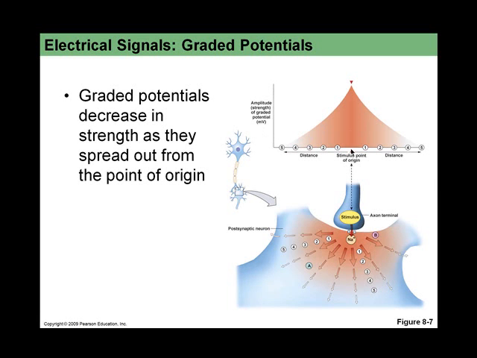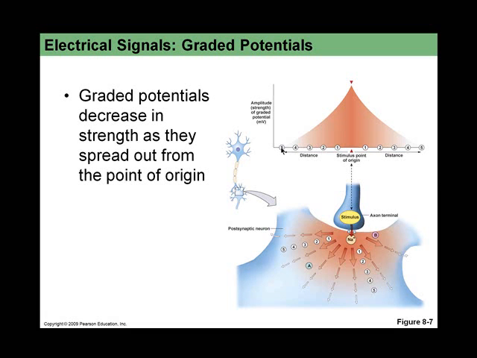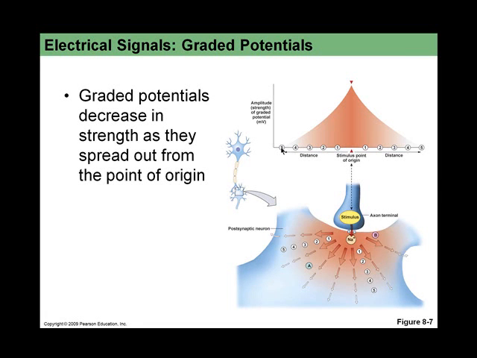So the farther away from the origin, think of it as sound. Somebody stands in one location and shouts, and the people closest by are going to hear the sound at the highest magnitude, and it's going to degrade to the point where you can no longer hear it or experience it at some distance. So that makes it graded.